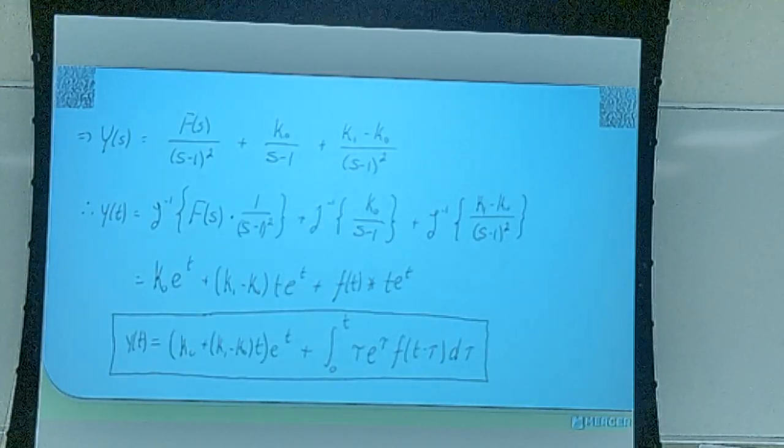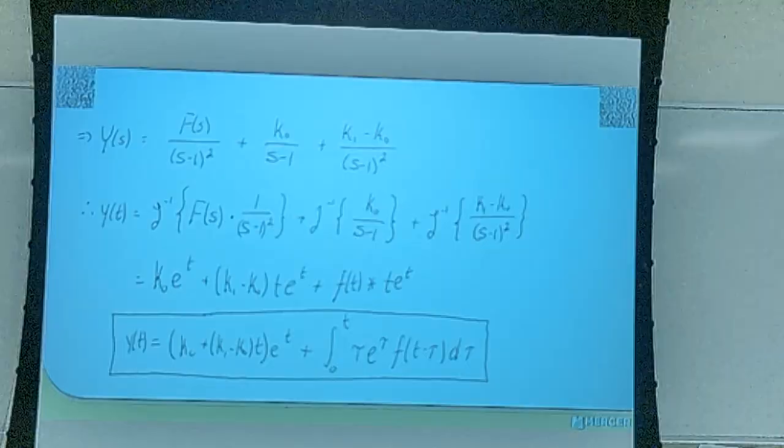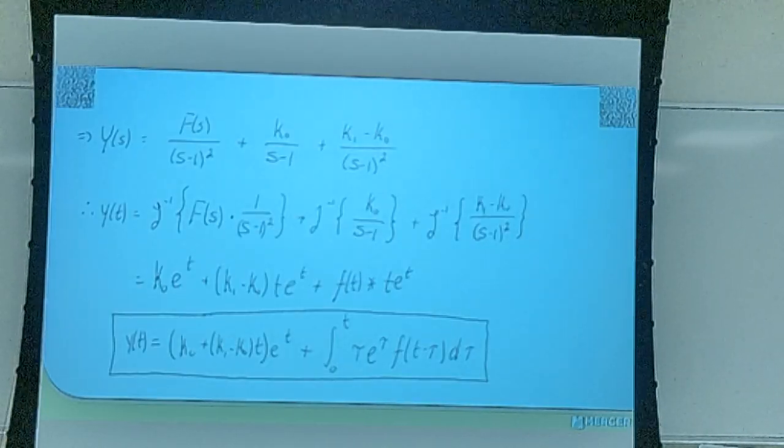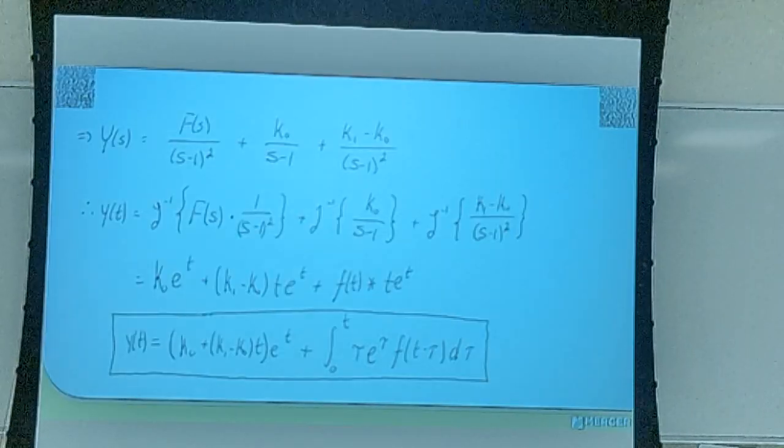If you're taking the inverse transform of the product of functions, that is convolution. That's if it was, for instance, the inverse transform of 1 over s times 1 over s minus 2. You know what the inverse transform of 1 over s is. You know what the inverse transform of 1 over s minus 2 is. It's the convolution of those two.